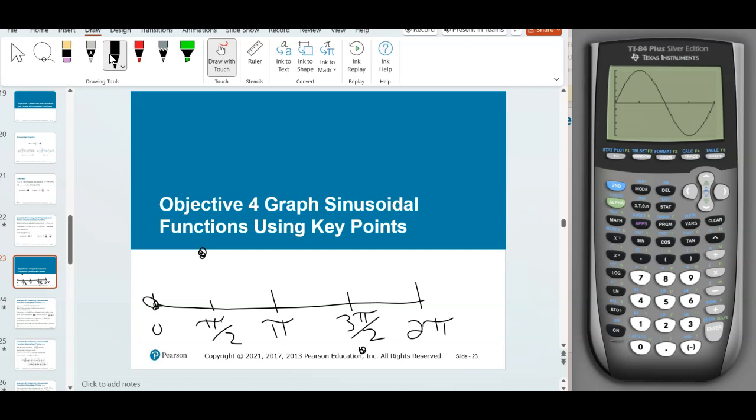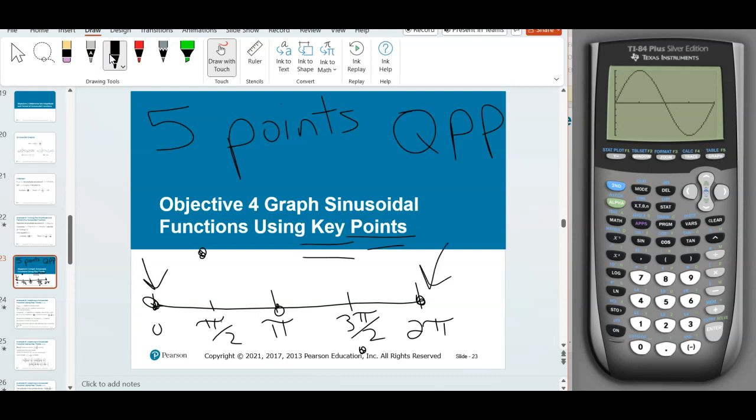And at 0, pi, and 2 pi, we hit x-intercepts. Okay, so that's 5 points, and those are the key points that we're talking about here. I call them QPP, quarter period points. All right, and they're the starting point, the full period, half a period, and then those 1/4 and 3/4 points.